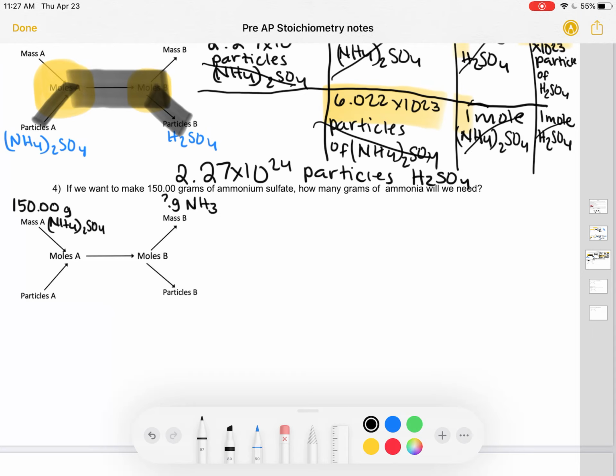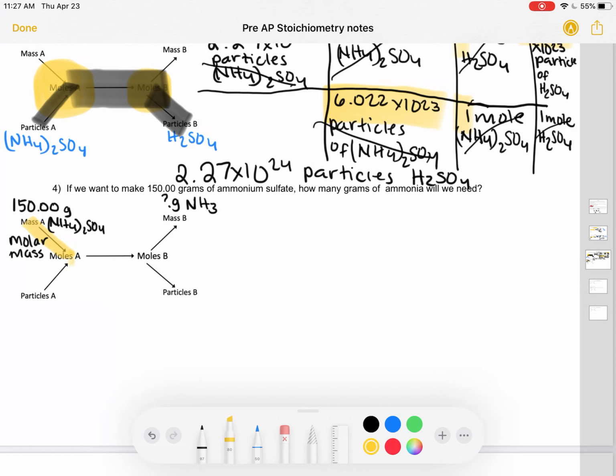Okay, so this is going to require probably a lot more time just because it involves masses, and so you have to calculate your molar masses. But let's do our pathway either way. So we have a mass of ammonium sulfate, and we're going to use our molar mass to get to moles.